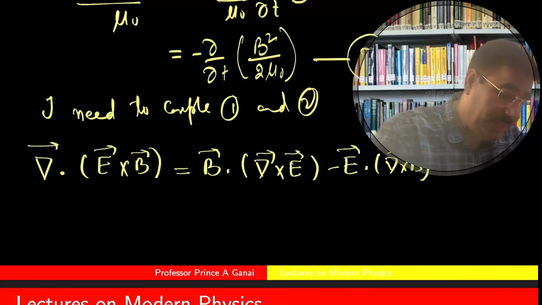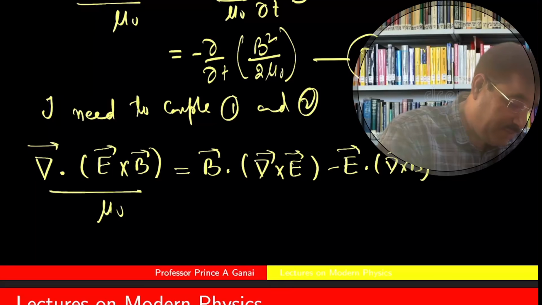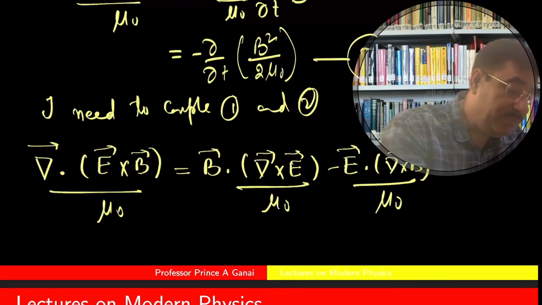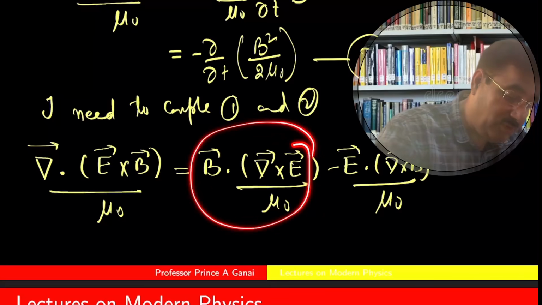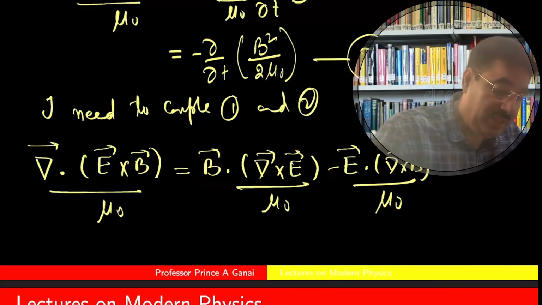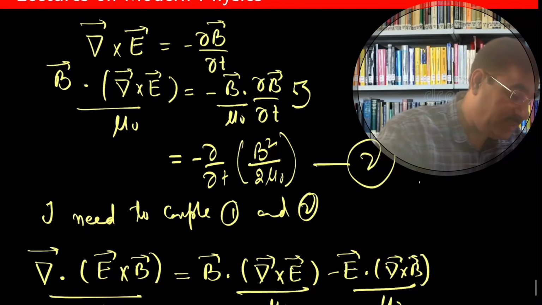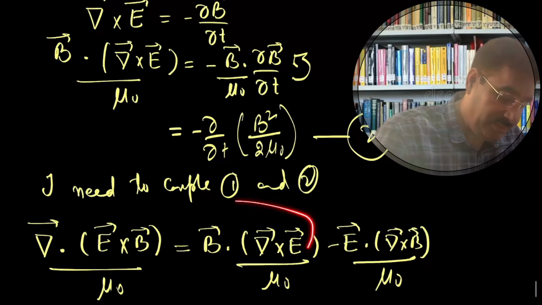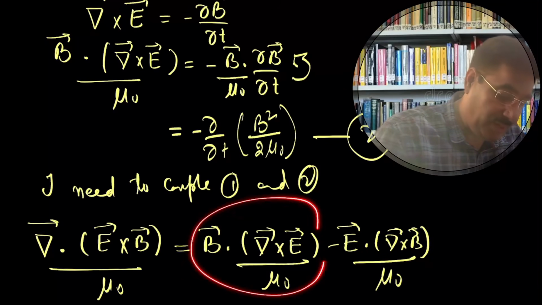Now you see that if I divide by mu naught, I have this term, and I also have this term. Where is this term, E dot del cross B? That E dot del cross B is here. That's equation number 1. And where is this term, B dot del cross E?